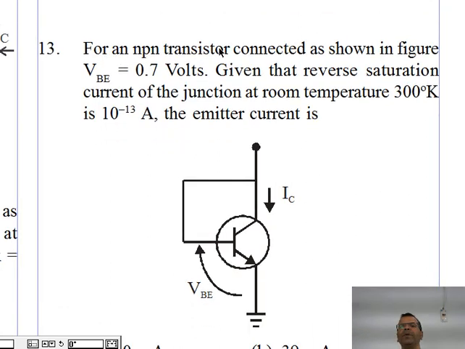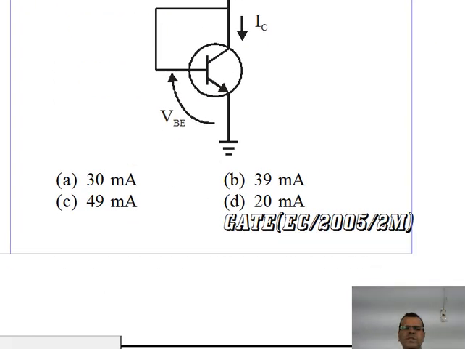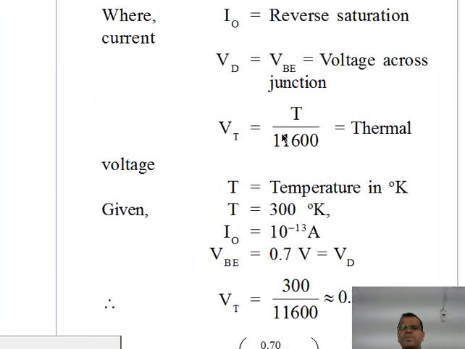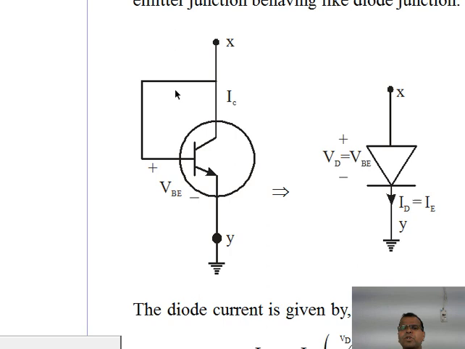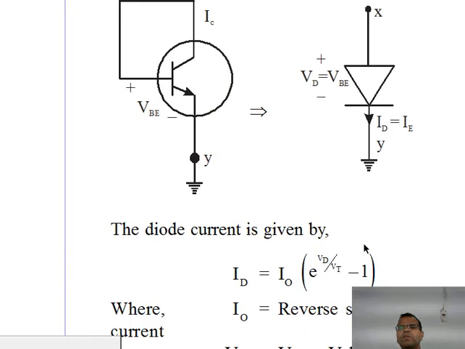For an NPN transistor connected as shown in the figure, VB is given to you, given that the reverse saturation current at room temperature, 300 K, is 10 power minus 13. The emitter current is? So you have to find the emitter current, and we know when the base is shorted with the collector region, so this and this are shorted, this combination behaves like a simple PN junction diode, and the current of the diode is given by this relationship.